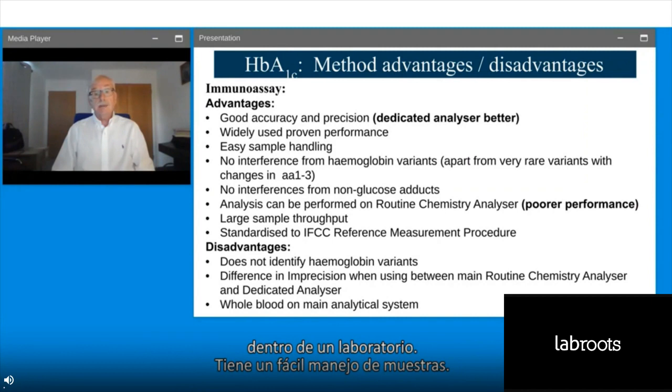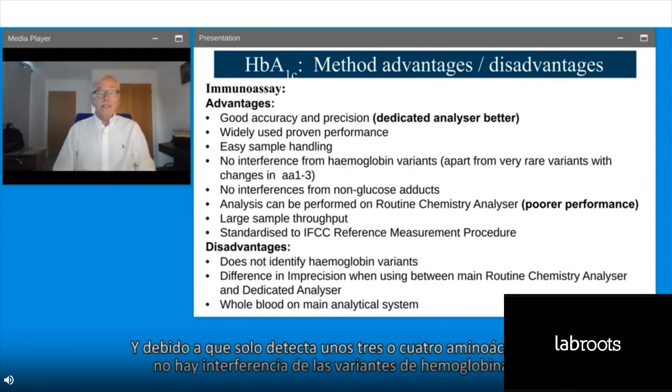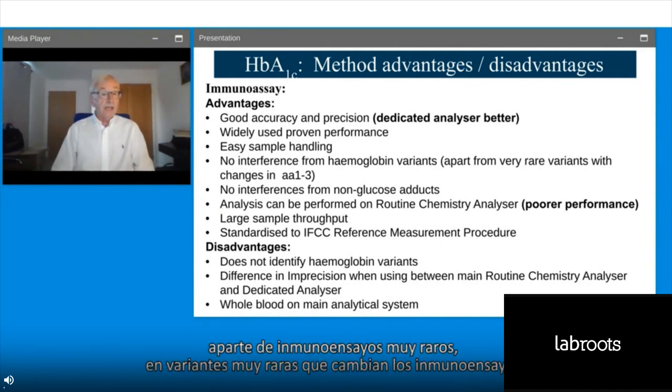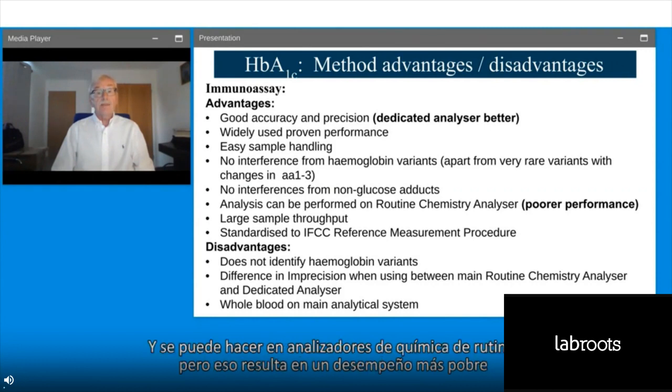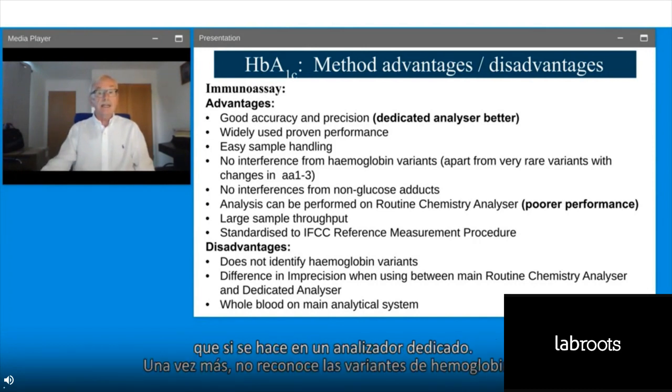It has easy sample handling, and because it only detects about 3 or 4 amino acids, there is no interference from hemoglobin variants, apart from the very rare variants that change amino acids at positions 1 to 3. No interference from non-glucose adducts, and it can be done on routine chemistry analyzers. But as I say, that results in poorer performance than when it is done on a dedicated analyzer. Again, it does not recognize hemoglobin variants.